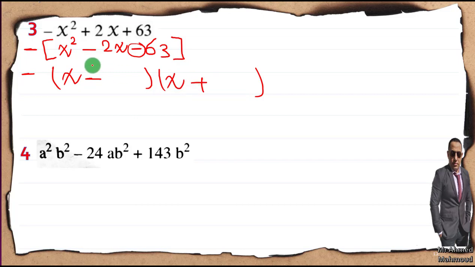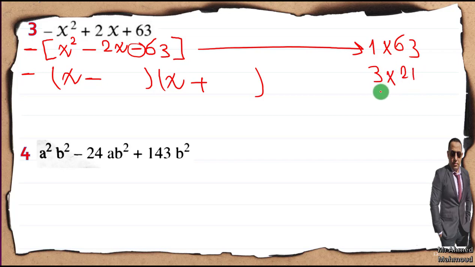As usual, I prefer to write the middle sign in the first bracket. 63 divided by 1 equals 63. 63 divided by 2 is a decimal. 63 divided by 3 equals 21. Divided by 4, decimal. Divided by 5, decimal. Divided by 6, decimal. Divided by 7 equals 9. I'm going to stop now. I need two numbers. The difference between them, because this is minus, equals 2.